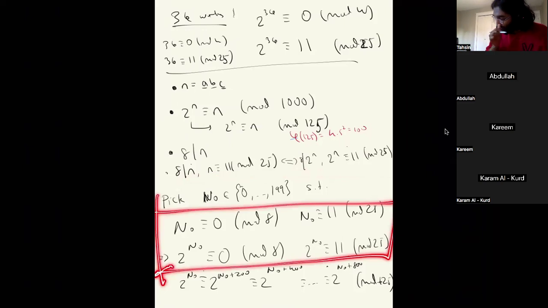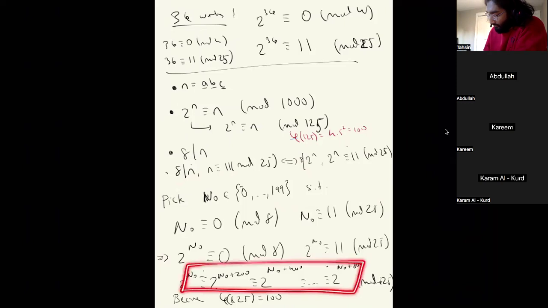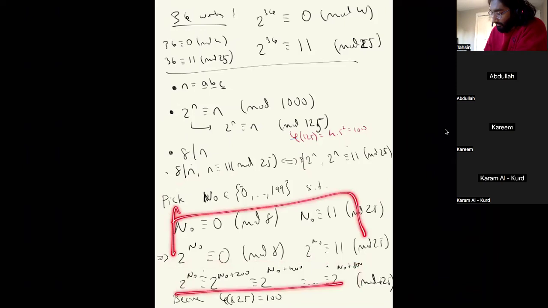But then I'm saying further it's true that because phi of 125 is just 100, each of these also satisfies this as well, and they're all equal mod 125.